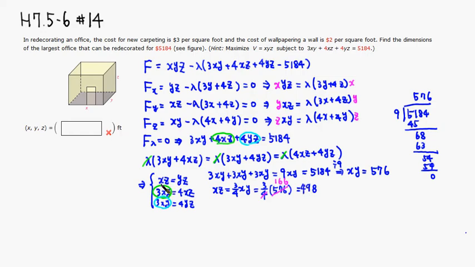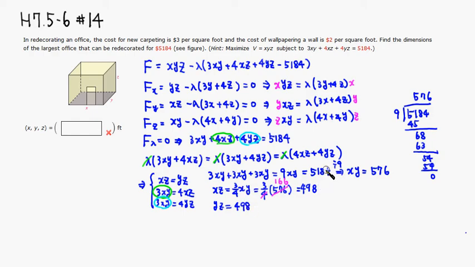And we know that xz and yz are the same thing. So once you know xz, we know yz, so maybe I'll write yz is equal to 432.